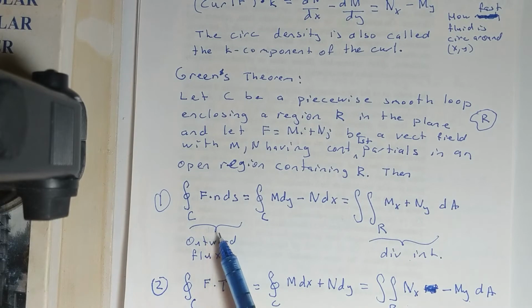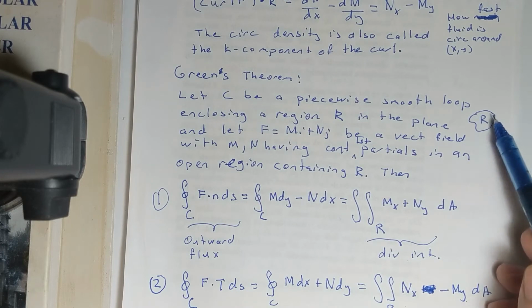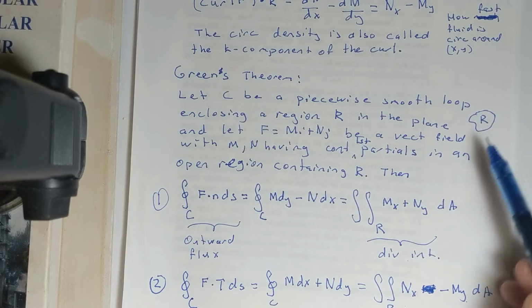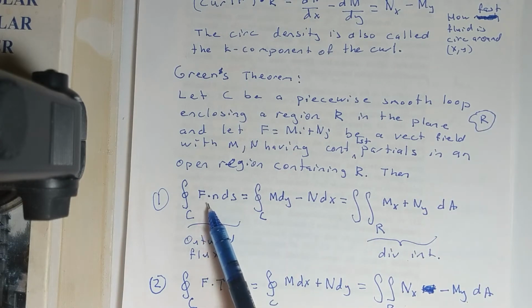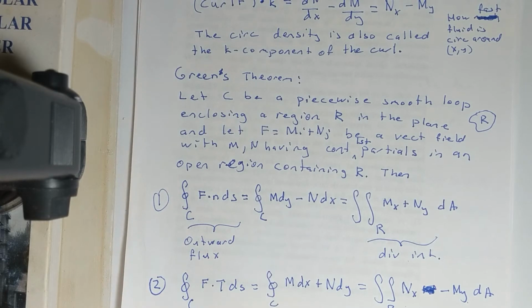Remember, the flux was how much stuff was leaving this area R, how much stuff was leaving the curve, okay, and the formula for it was F dot n ds, and we had simplified it down to M dy minus N dx over the closed curve.